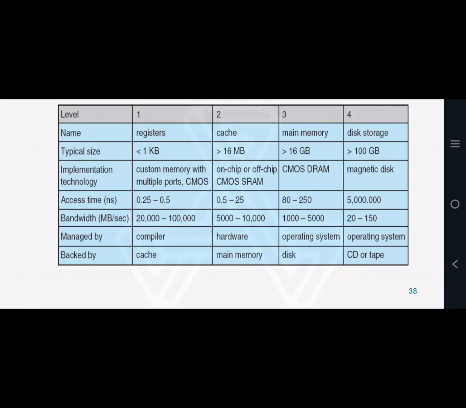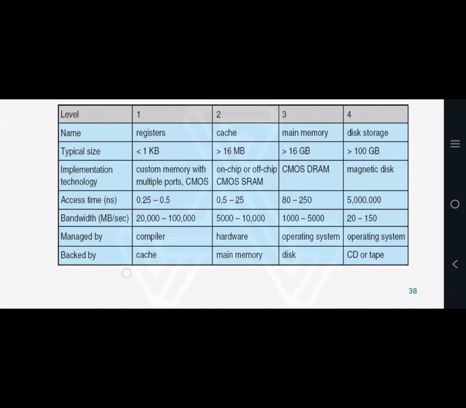Cache memory: greater than 16 MB, on chip or off chip, CMOS or SRAM, 0.5 to 25 ns, 5K to 10K MB per second, managed by hardware, backed by main memory. Main memory: greater than 16 GB, CMOS DRAM, 80 to 250 ns, 1000 to 5K bandwidth.